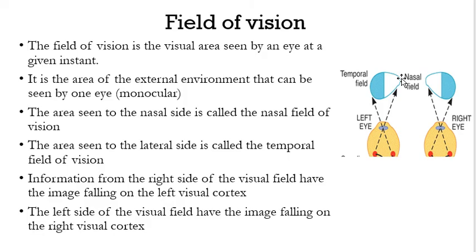Okay, so now I want your answers to be the right side of the right eye or the left side of the right eye. And on the left side, I also want you to use right or left. Okay? The temporal field of the left eye.